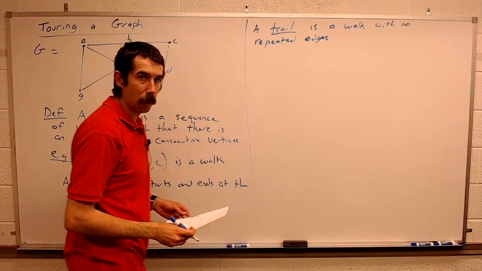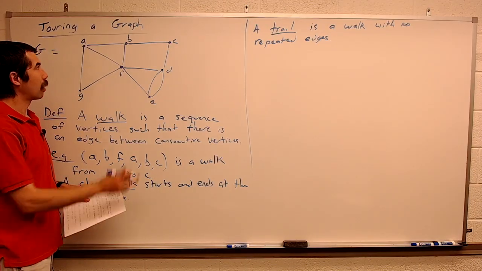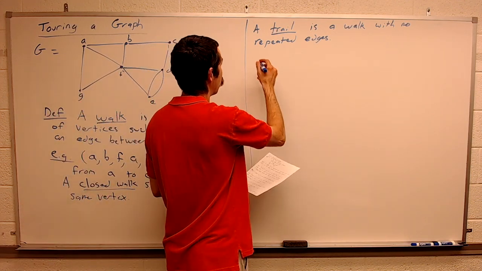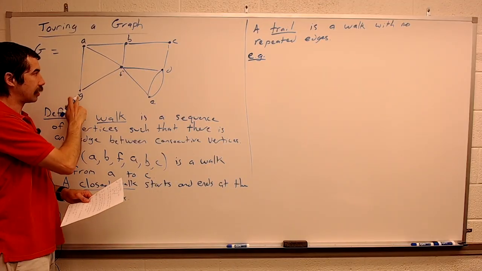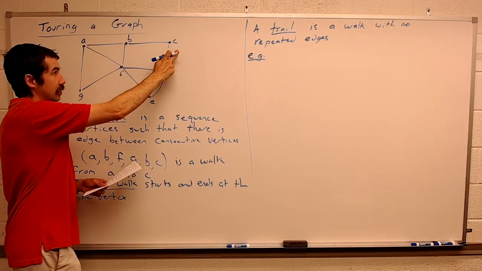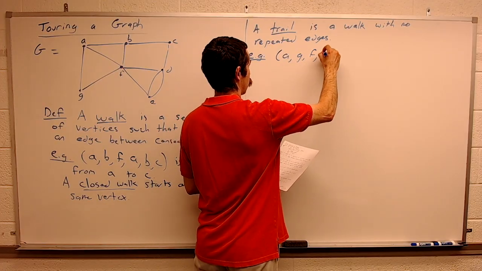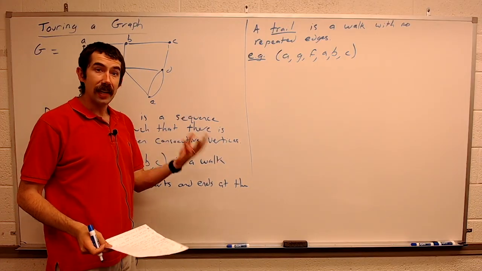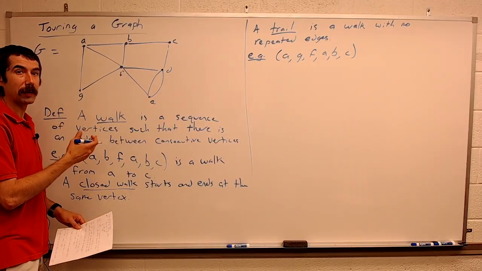All right, so the walk that we drew here certainly is not a trail because we went on the edge AB twice. So an example of a trail would be something like A to G to F, back to A to B to C. All right, so here we did repeat the vertex A, but we didn't repeat any edges.